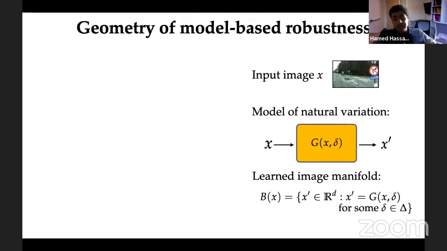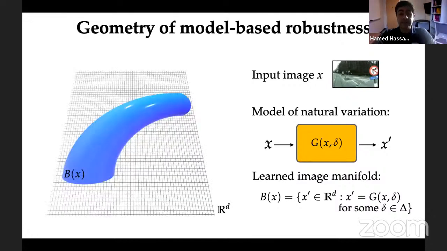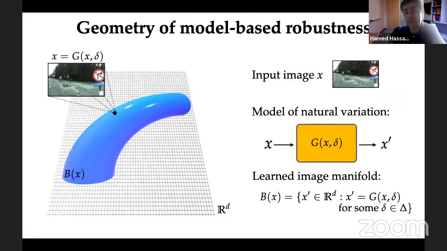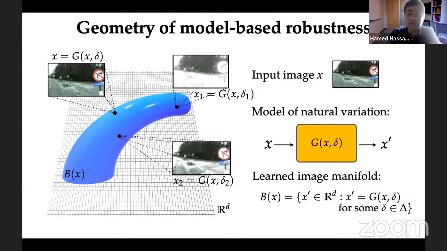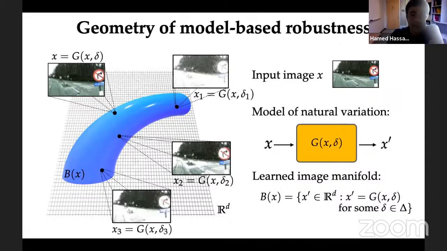This is the manifold of images that I get when I vary delta and I fix X. This would be the set of all the outputs of the model G when I fix X and vary delta. Each point on this manifold, on this surface, would correspond to a different value of the nuisance parameter delta.